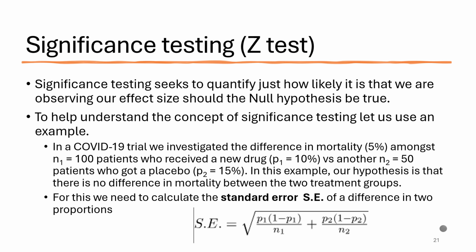In order for us to test the significance of this, we need to first calculate the standard error. Now, the standard error for a difference in proportions is that formula down there. Now, you don't need to cram this formula.